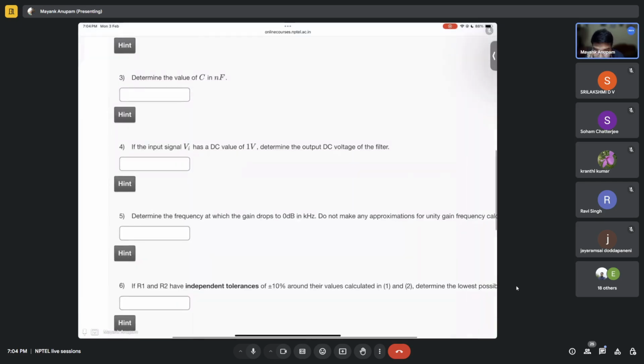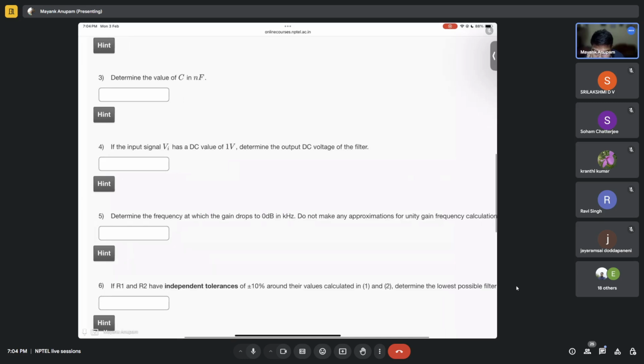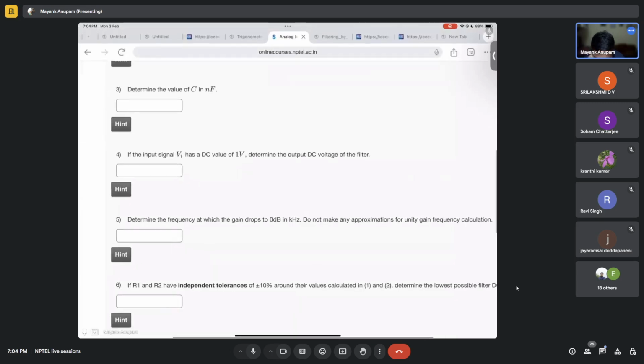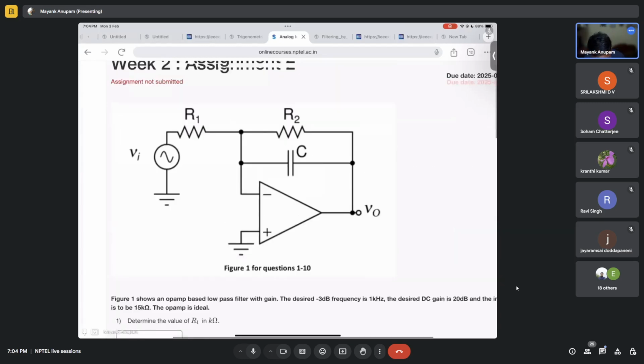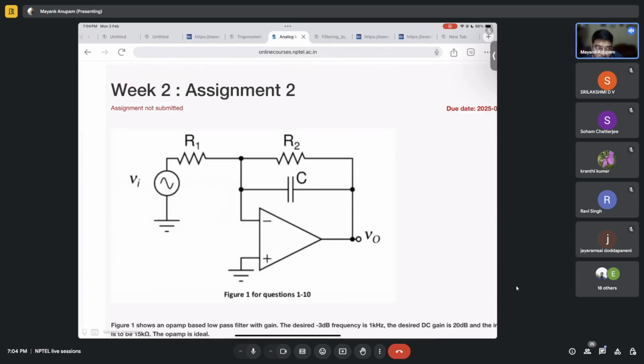I'm talking about the fifth question. Gain drops to 0 dB in kilohertz. So which gain are they talking about here? Closed loop. Yes, exactly. So closed loop gain is the one that they are talking about.